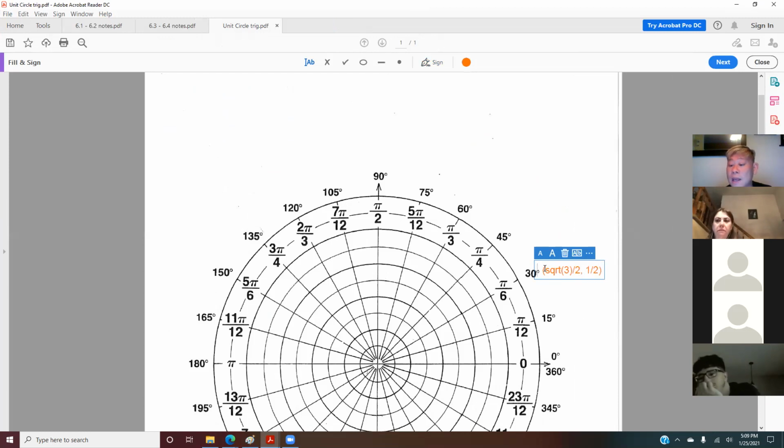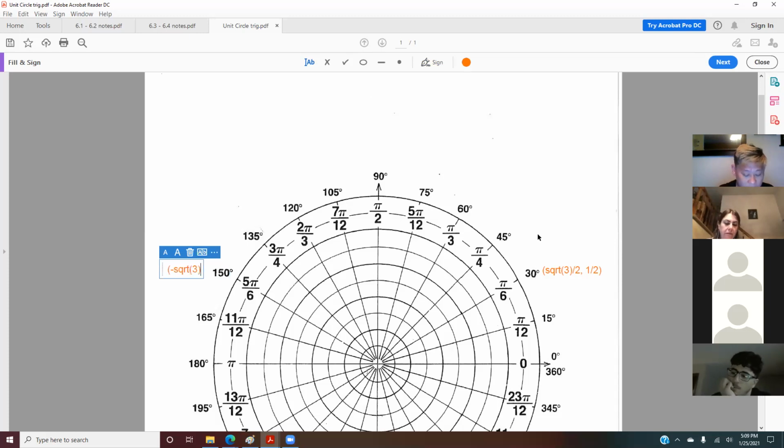That is the coordinates. And anything that corresponds to 30 degrees means it's over 6. We use exactly the same values, but the sign is different. So for quadrant 2, this is negative square root of 3 over 2 and 1/2.